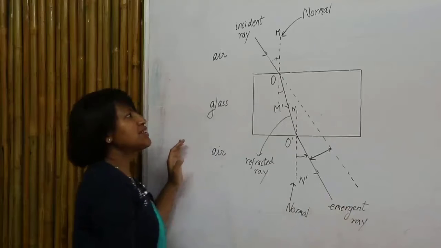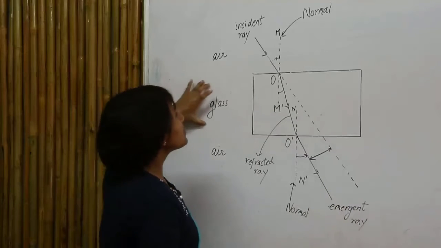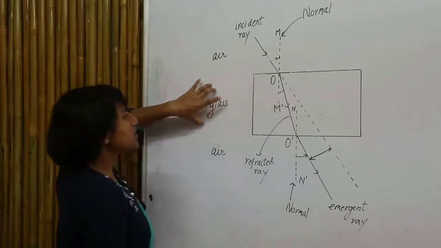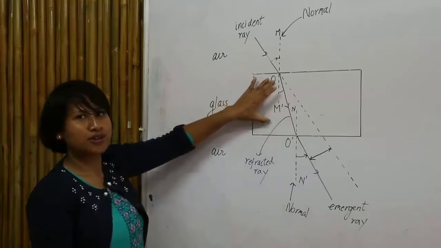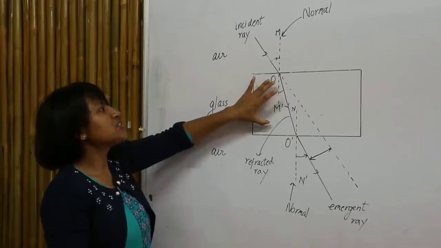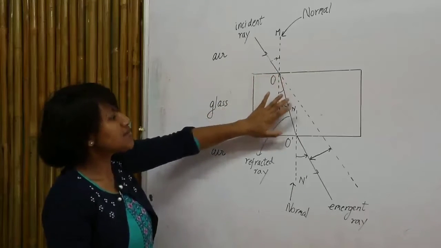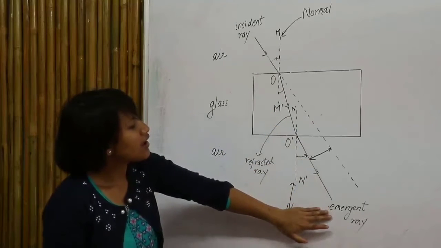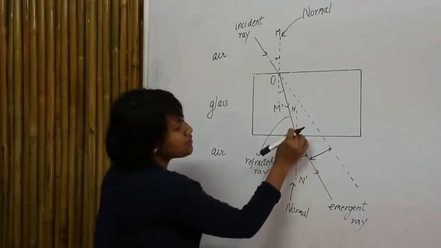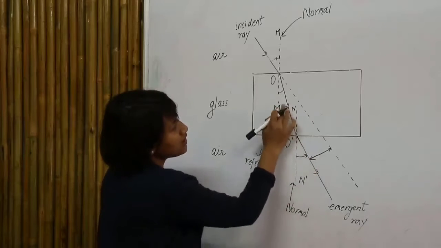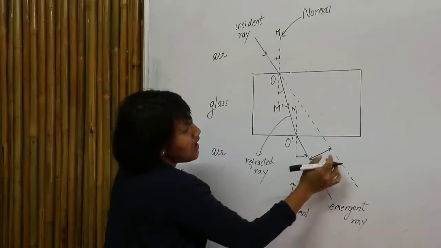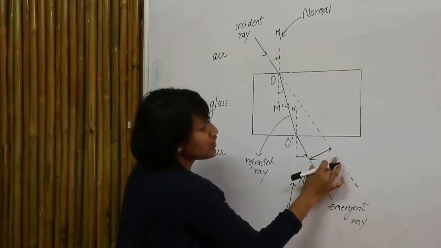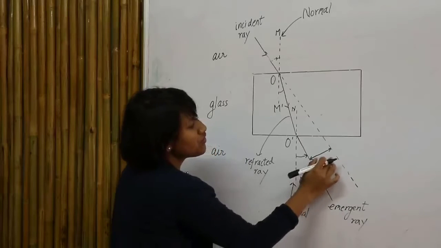But since there is this medium, glass, which is obstructing, as a result of refraction it gets bent, twice in this case.